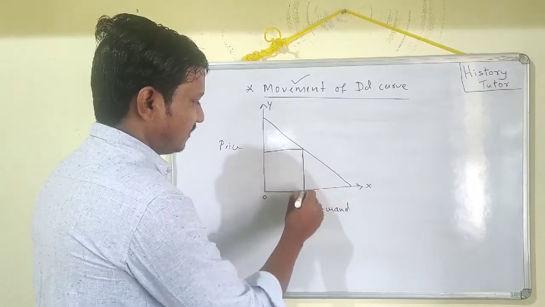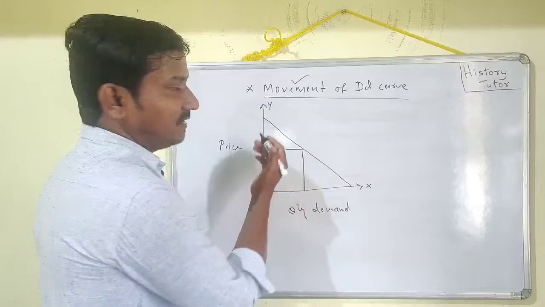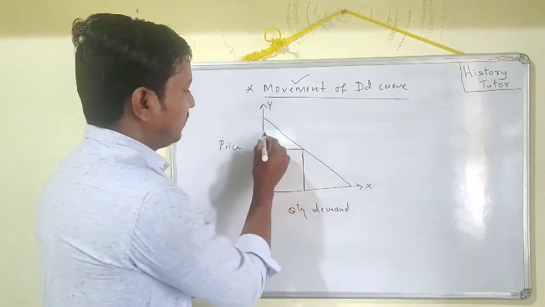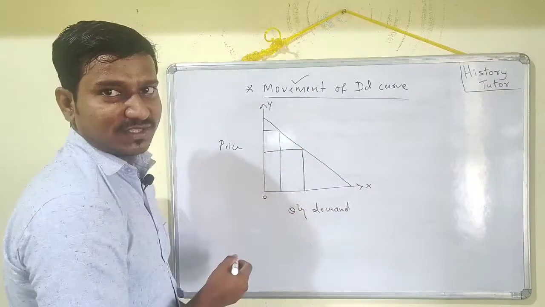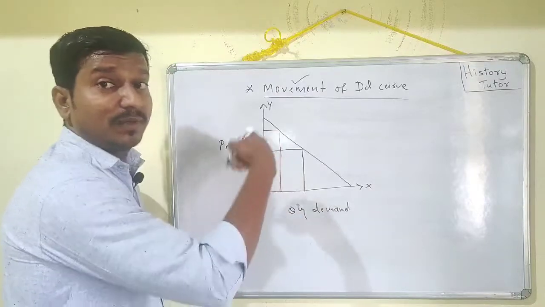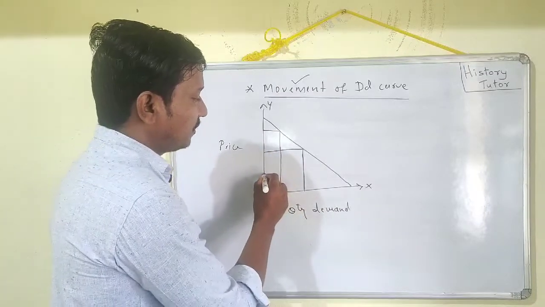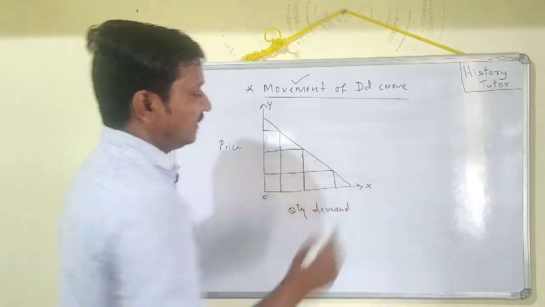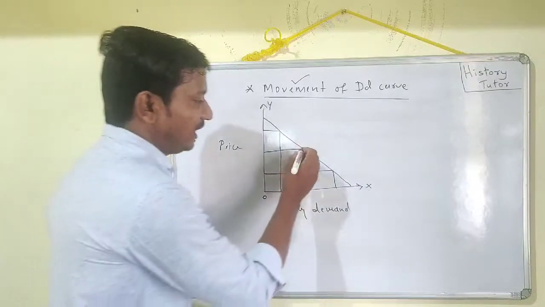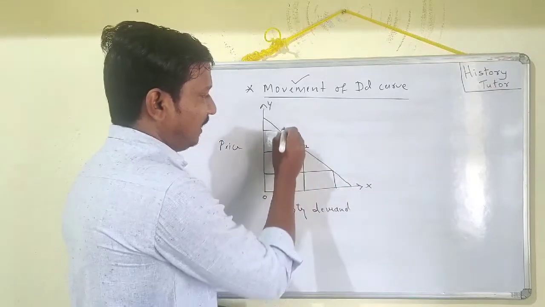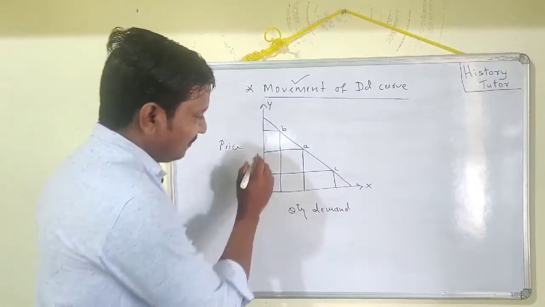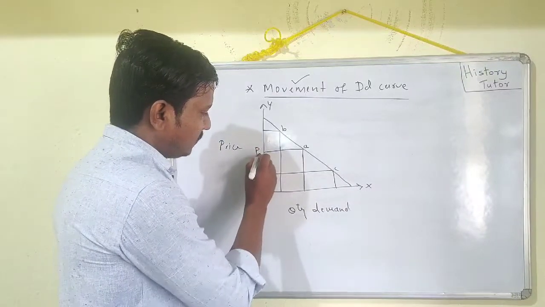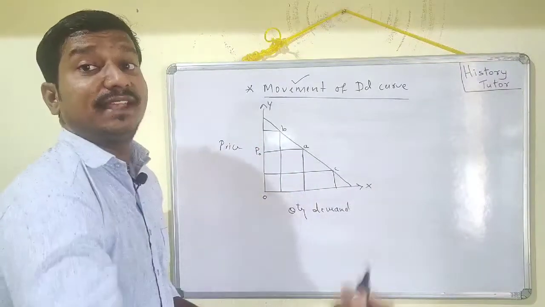Okay. After this, just imagine if there is an increase in the price, what happens now? And this is the increase in the price. At the same time, if the price is going to decrease, how is it going to happen? This is the decrease in the price. I'm going to mark points here: this is A, this is B, and this is C. Now you see, this is going to be P0, which means the basic price level.